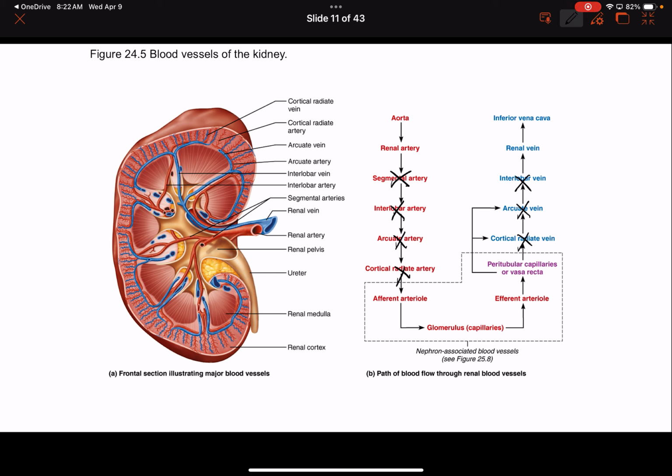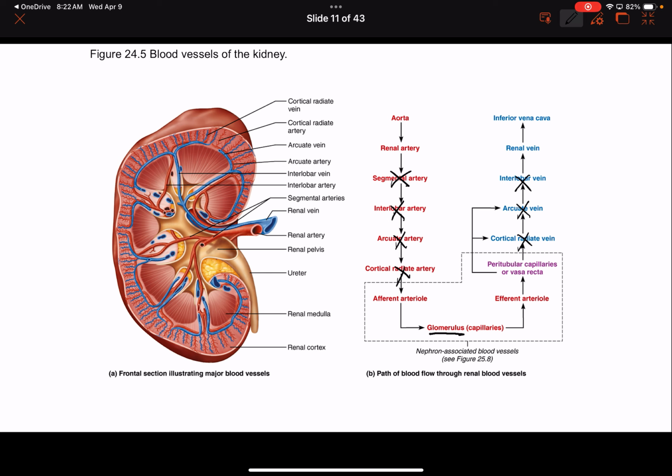You go from the aorta, which is ultimately bringing the blood in from the heart, and then it approaches the kidneys at the renal artery. From the renal artery, we approach these filtration structures called glomeruli, and a single one is called a glomerulus. The vessels leading into the glomerulus are called afferent arterioles. Then the blood goes through the glomerulus and exits through the efferent arterioles.